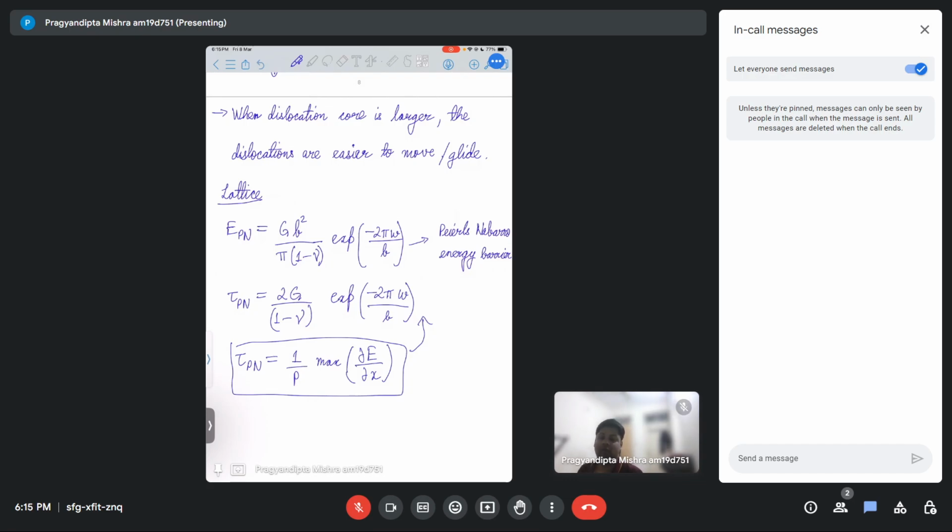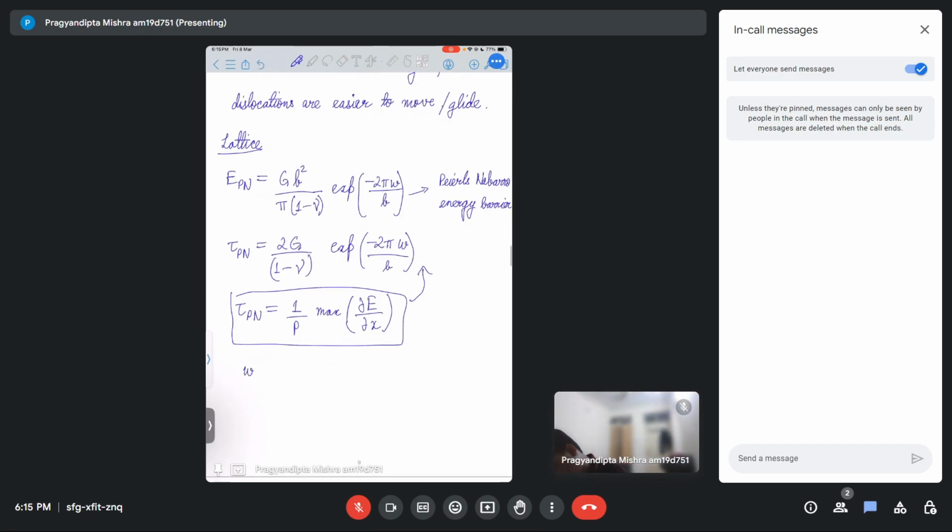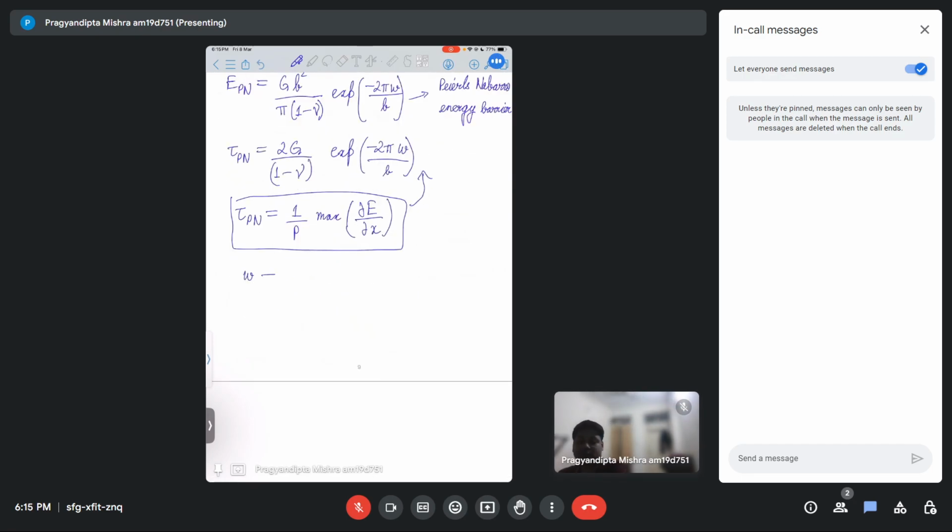Now what are these terms? G is of course the shear modulus, b is the Burgers vector, nu is Poisson's ratio. What is W? This W is the width of the dislocation core. Now how do you find W for screw and edge dislocation?